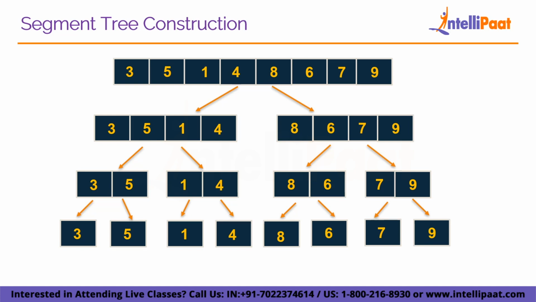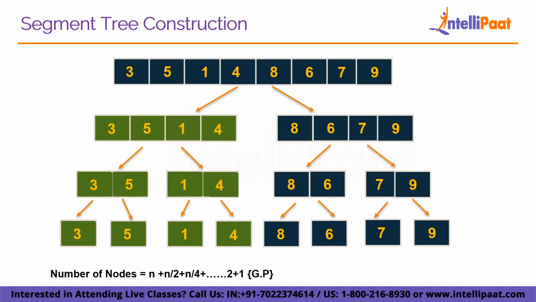Now moving forward, we will see the number of nodes. What does this mean? This means how many nodes we got. We will calculate by seeing the last level, which is n. Just above that it is n by 2, above it is n by 4 and so on till 2 plus 1. Here we can observe that it is in GP, and the common ratio is 2.